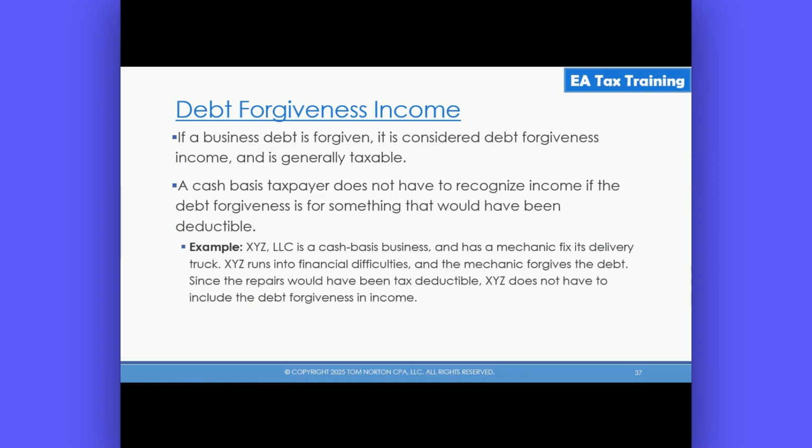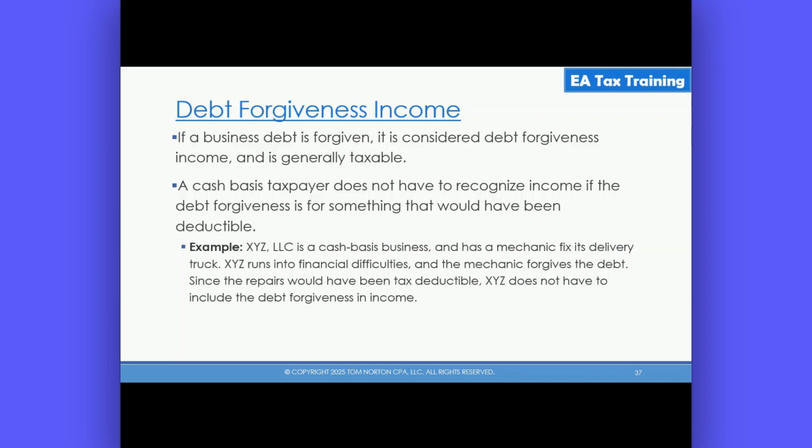So why is this the rule? What is the purpose of it? Well, it's putting a cash basis taxpayer on the same footing as an accrual basis taxpayer. Think about if you were an accrual basis taxpayer. Let's say it cost you $1,000 to get your truck fixed. What you would do then is, as soon as they fixed that truck, you would have, if you're on the accrual basis, a $1,000 repairs and maintenance expense.